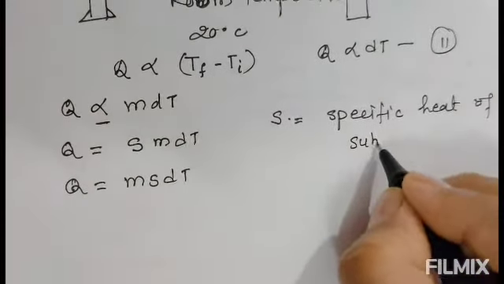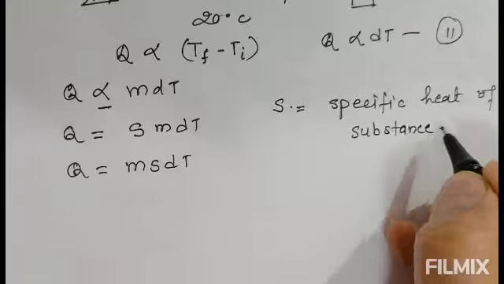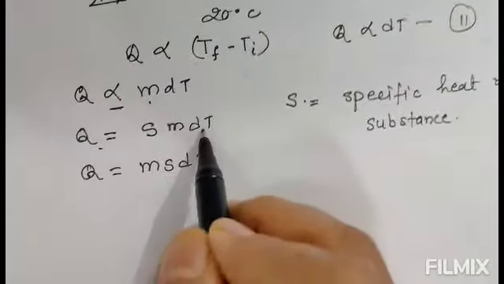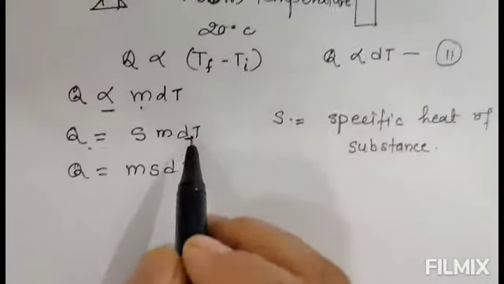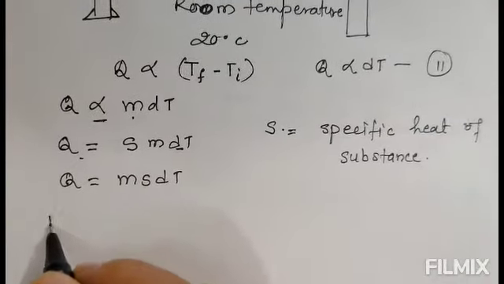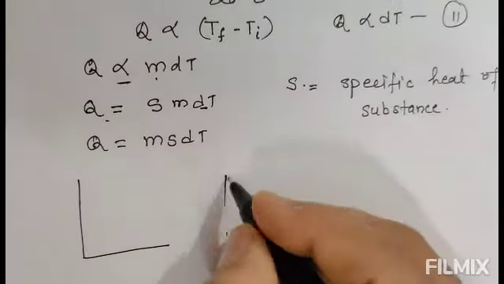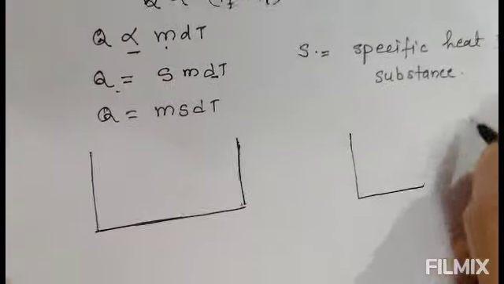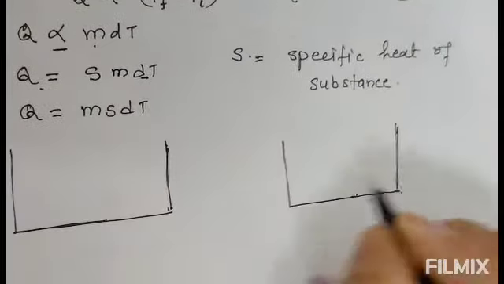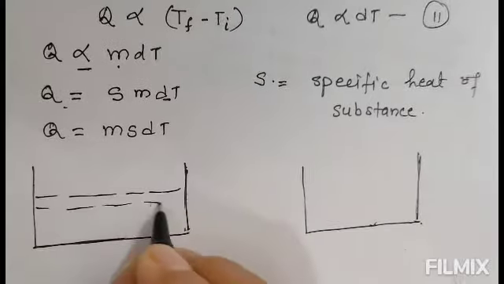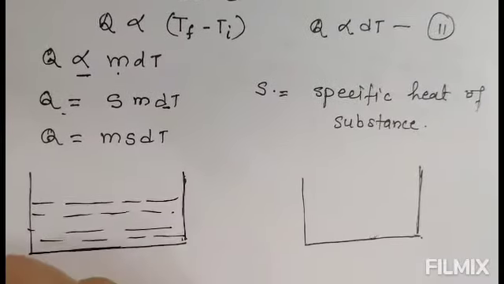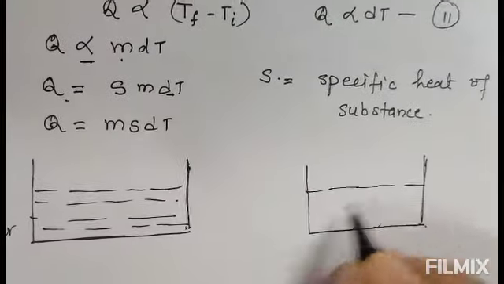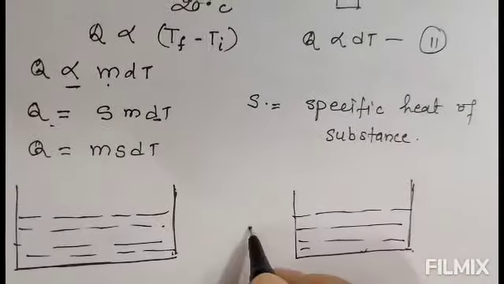You can understand this in this way, as I have given you the two conditions, that Q is directly proportional to the mass and Q is directly proportional to the rise in temperature or the difference in temperature. Now if we are taking the same identical containers as we have taken in the previous two examples, but this time in one container we have taken 2 liter of water and in another container 2 liter of oil, any oil you can say.